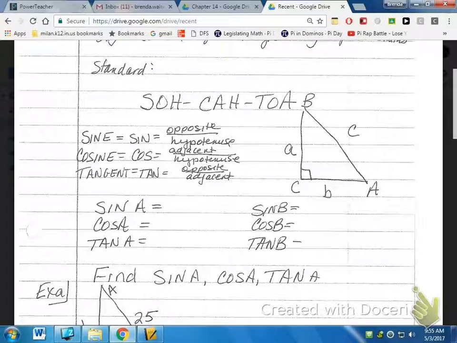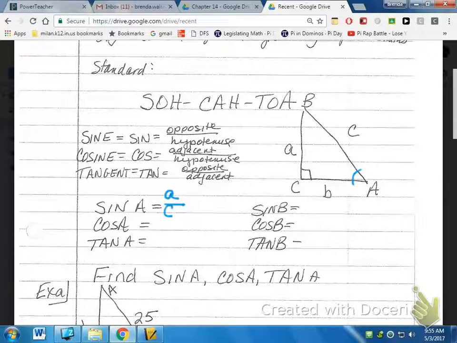It's only about angles A and B. You never do the sine, cosine, or tangent of angle C. C is always going to be your right angle. That one's kind of out of the picture. It's either going to be A or B. Okay, sine of A. Sine is opposite over hypotenuse. So opposite would be a. Hypotenuse would be c.